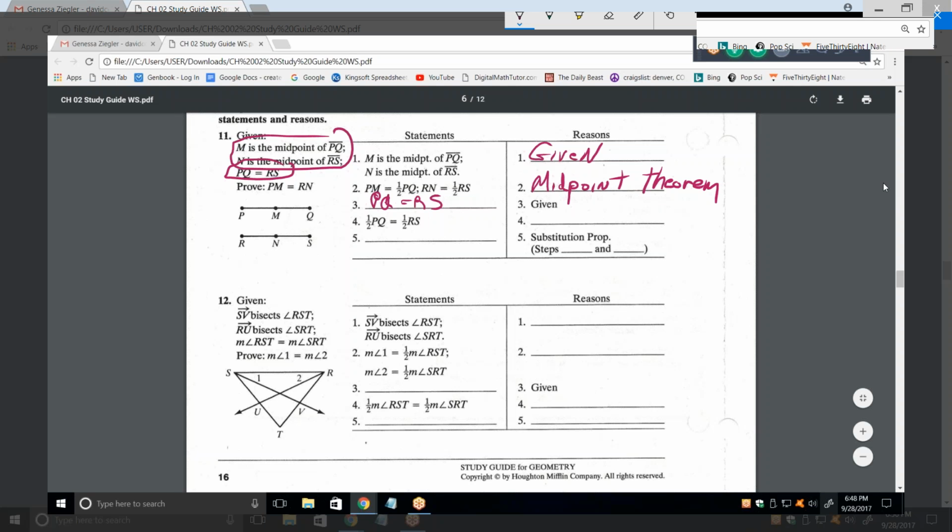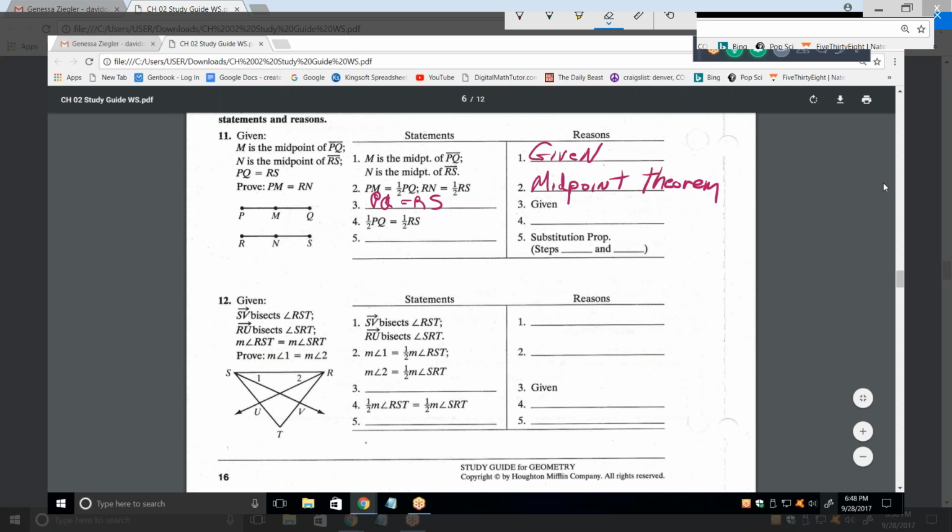There's two parts to it. That's equal to half of that, and that's equal to half of that. That's really the only two parts they listed when they gave us the midpoint theorem. They didn't actually say that PM is equal to PQ as part of the theorem, which I found a little surprising.